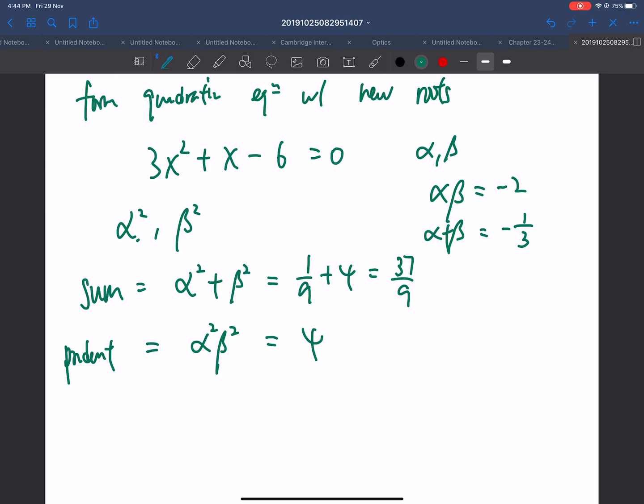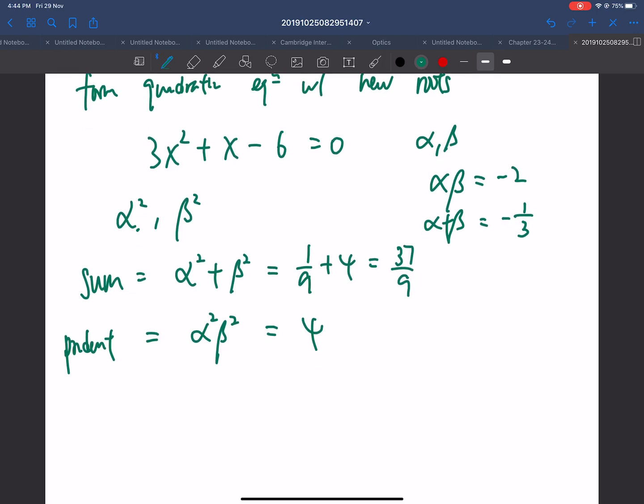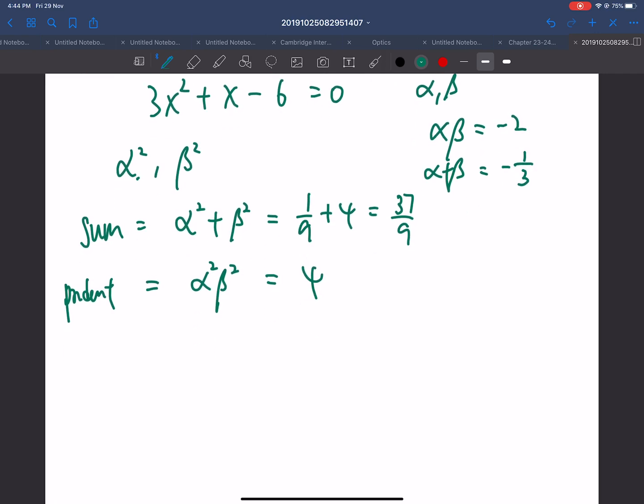Get the same answer? Same. You really need to work hard in this. At least you need to spend more time on this subject than the core mathematics. At least this subject should be harder than the core mathematics.